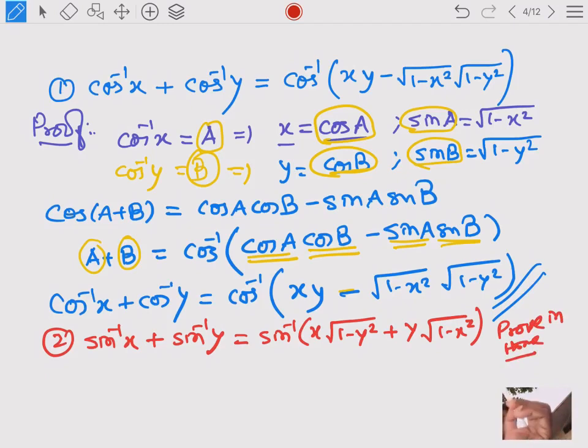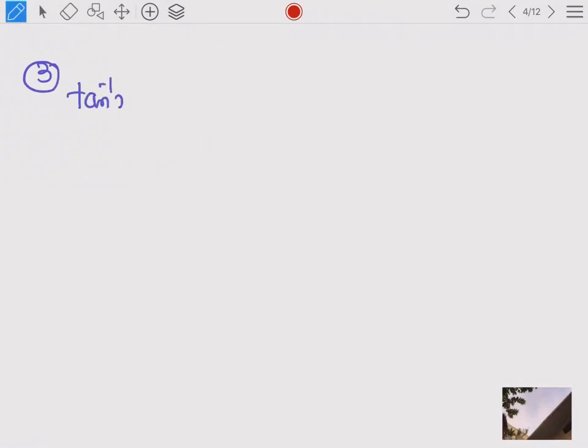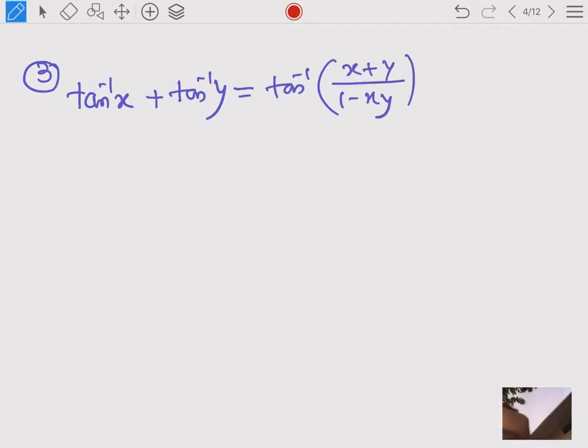And the third property, which is also very important, and we can prove it very easily, is tan inverse x plus tan inverse y is equal to tan inverse of x plus y divided by 1 minus xy. But somewhere its condition is given that xy should be less than 1. This condition should be written.